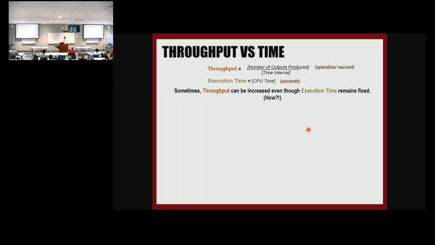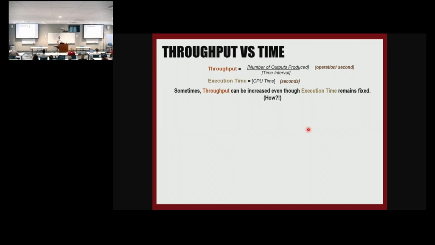Okay, so I just said that there might be some cases that you have a high throughput without increasing the execution time, right? Obviously, you can increase the throughput by decreasing the execution time. So if you design a better processor and it takes 1 second to finish a task compared to a processor that needs 10 seconds to finish a task, obviously you have 10 times more throughput.